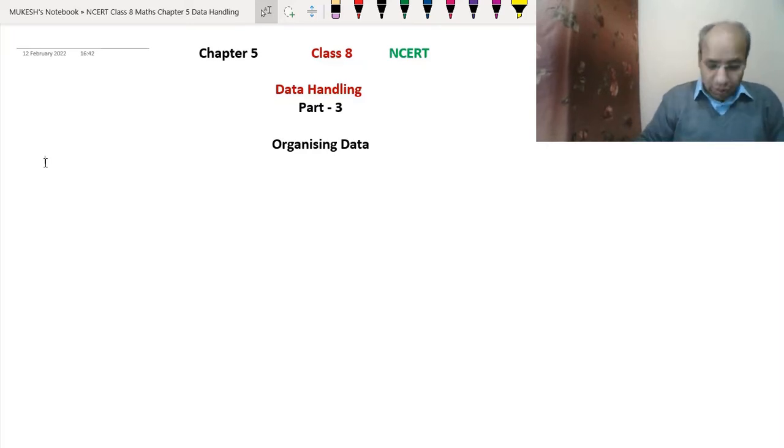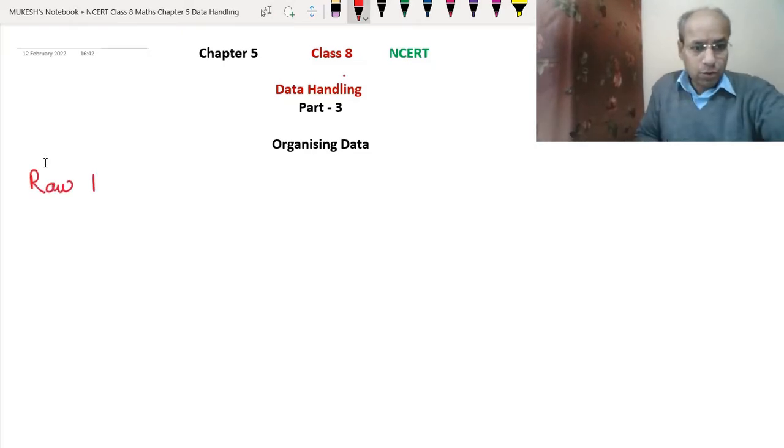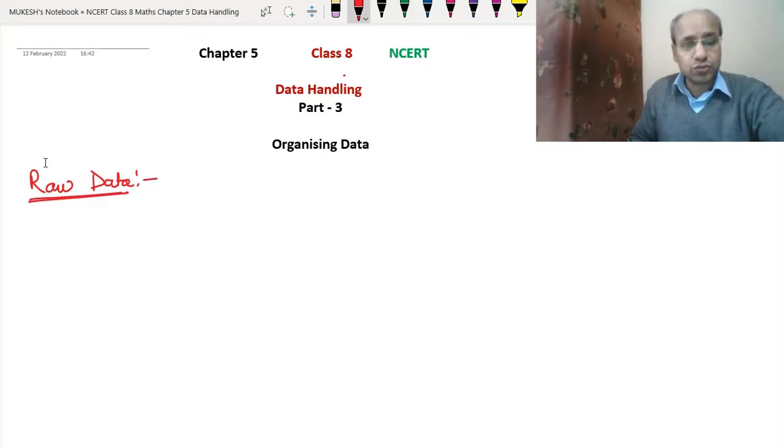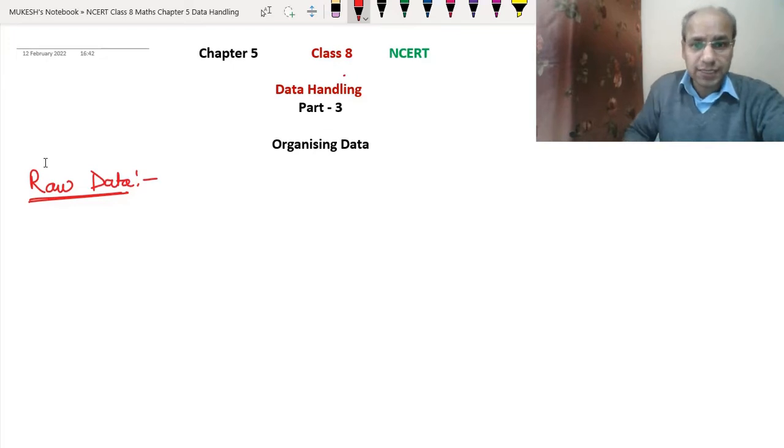So now first let's write raw data. What does raw data mean? The data which we have taken. Like suppose we took the heights of different students, that is raw data. Suppose we take the ages of different children in an area, that is raw data. So whatever information we need or want, for that information we have to organize the data.